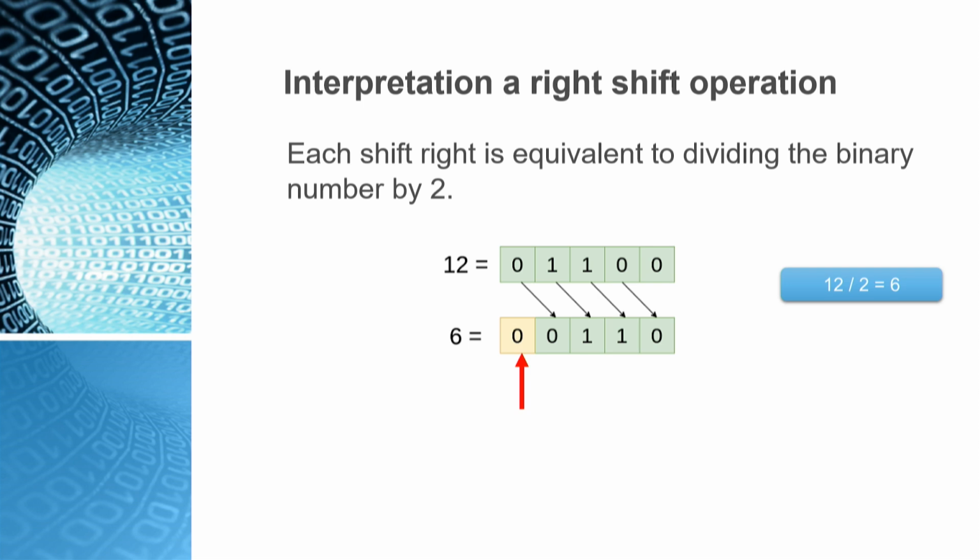The result is 00110, or 6 in the decimal system. So, shifting 1 bit to the right is equal to dividing a number by the factor 2. Shifting 2 bits means dividing by 4, 3 bits by 8, and so on.